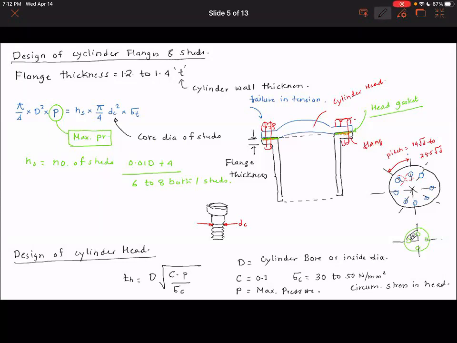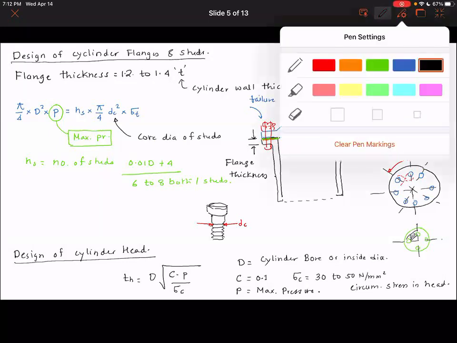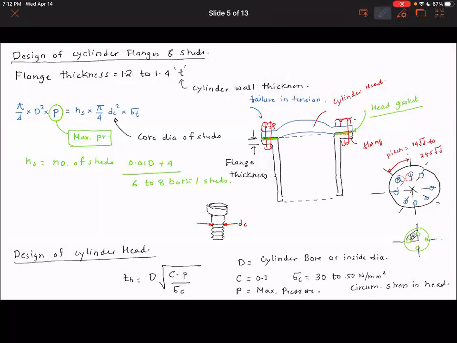And then the next question is, what is the pitch circle diameter? So what is this diameter? This diameter is typically the bore diameter plus 3 times the diameter of the bolts.